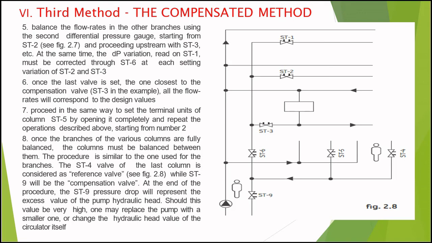Should this value be very high, one may replace the pump with a smaller one, or change the hydraulic head value of the circulator. Now here in this circuit, ST4 is considered to be a reference valve, while ST9 is the compensation valve.